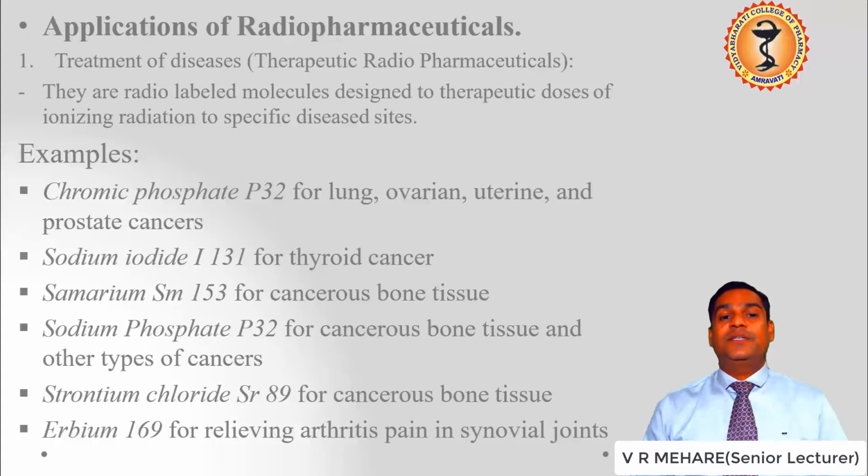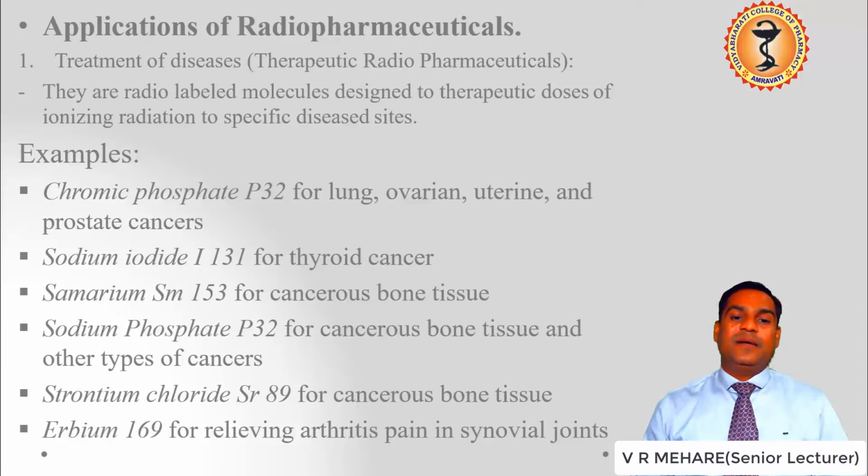First example is chromic phosphate, that is P-32. It is used for lung, ovarian, uterine and prostate cancers in the treatment of cancer. Next is sodium iodide, that is iodine I-131. It is used for the treatment of thyroid cancer.